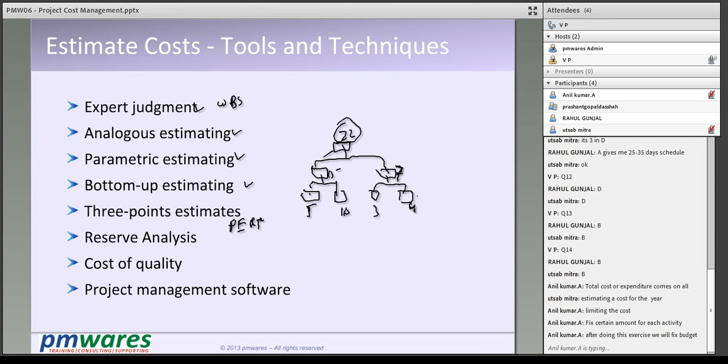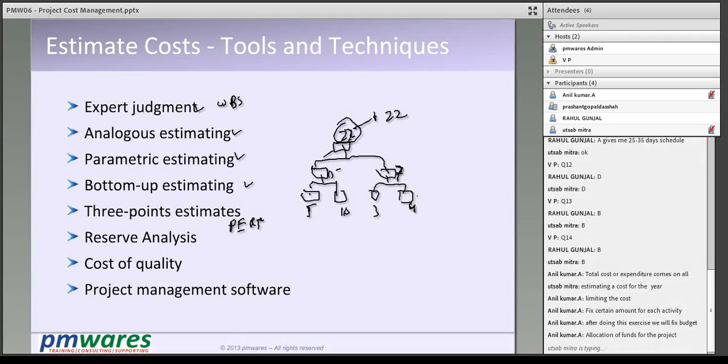If you can speak also. The fund allocation. What is fund allocation? I put it is 22. Now the fund allocation will be 22 only, right? Or less or more? So my estimation is 22 for the project. What do you think?